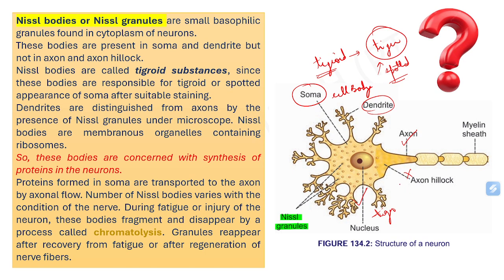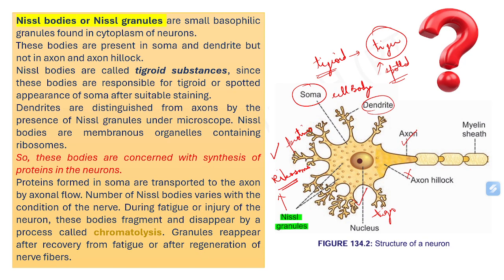So what do these bodies do? Basically, these Nissl granules are concerned with the synthesis of proteins in the neurons because they contain ribosomes, and that is the reason why they can generate proteins inside the neuron.